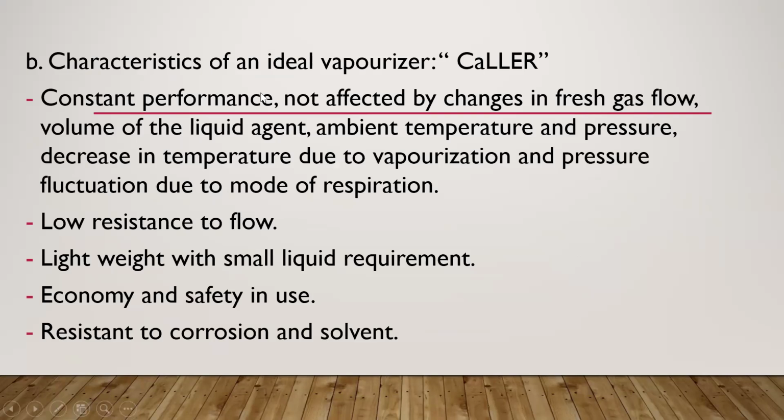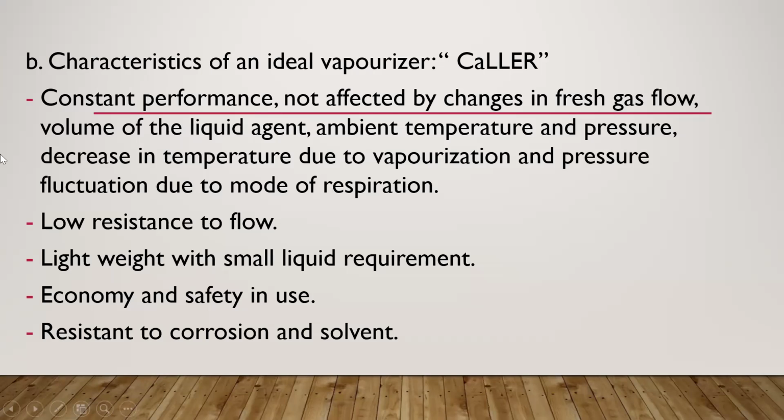If you ask the characteristics of an ideal vaporizer, just write C there, and you fill in the others. C: an ideal vaporizer must have a constant performance, which is not affected by any change in fresh gas flow, by the volume of the liquid agent, by ambient temperature or pressure, or by any decrease in temperature due to vaporization.